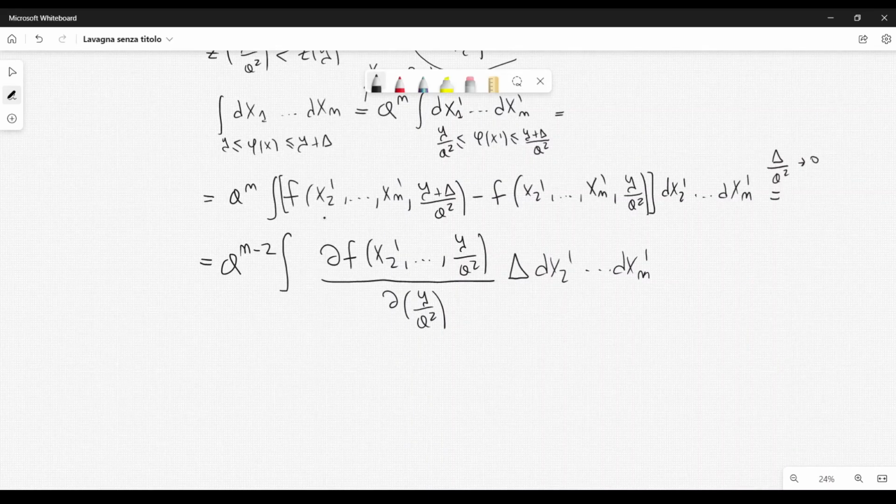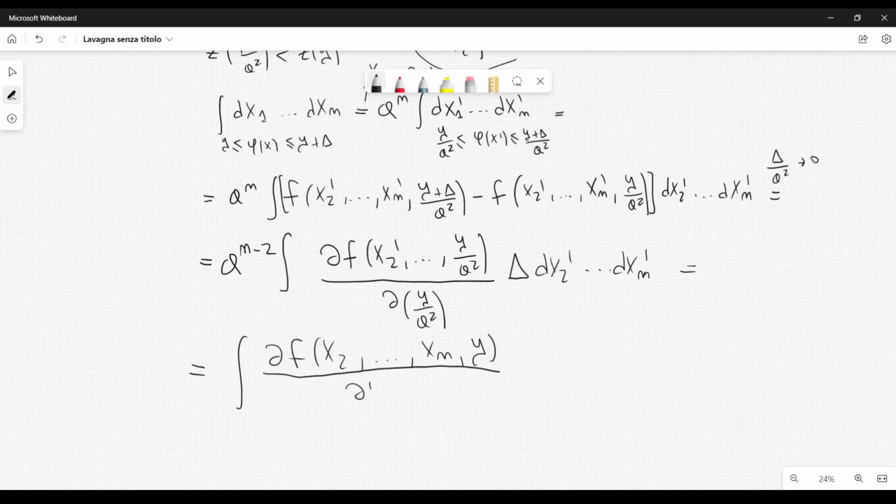If we didn't change coordinates here, we can also rewrite that integral in a similar fashion, but like this. It would be integral of derivative of f of x2 dot dot dot xn, then here we have y, then here we divide by dy, so it's the derivative of f with respect to y, delta dx1 dot dot dot dxn.